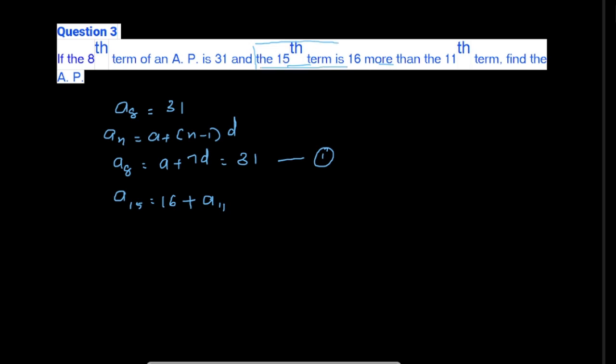That is A15 is equal to 16 more than the 11th term. 16 more means we will be adding: 16 plus the 11th term, that is A11. So A15 is equal to 16 plus A11. Now we'll simplify this and find D from this equation.